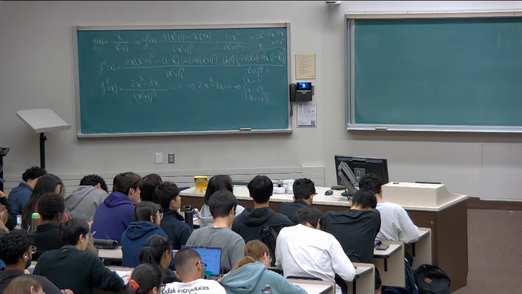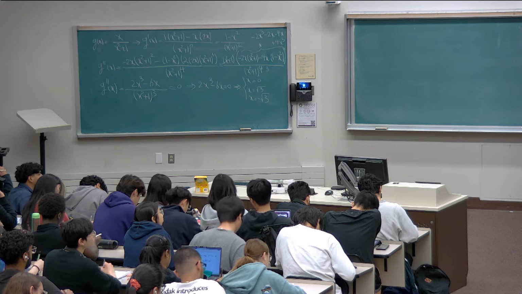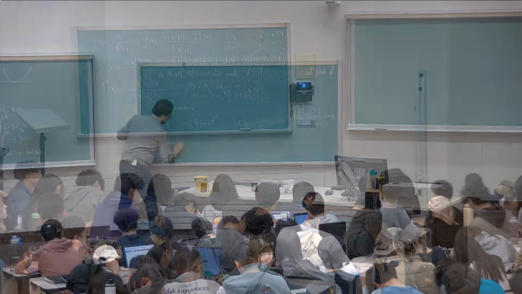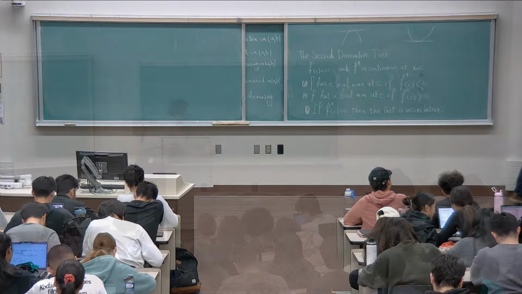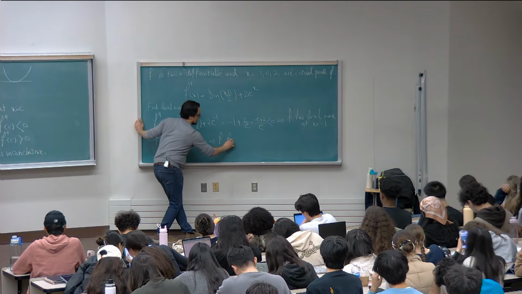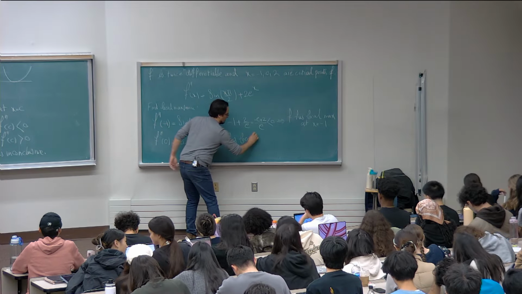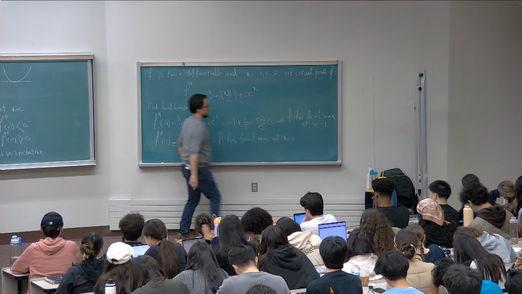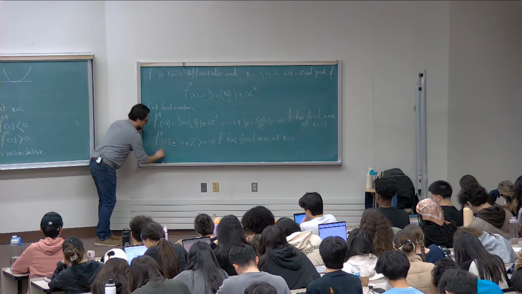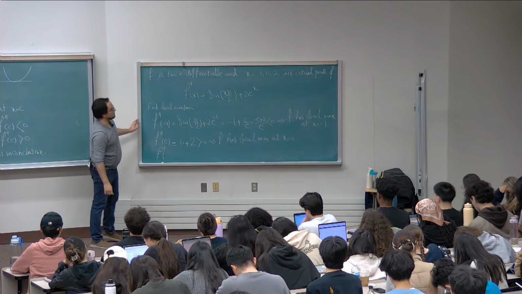How about f double prime at 0? This is going to be 0 plus 2. So this is positive. F has a local min at x equal to 0. What happens at 2?